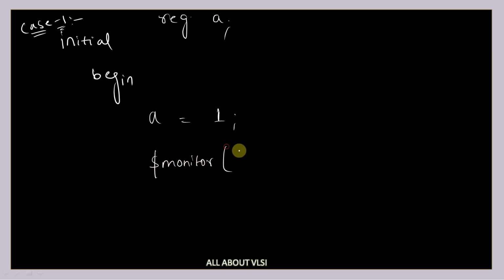Okay, now let us see one example and please let me know the answer for this. Initial begin. Let's say this is my case 1. Again, we are going to consider the cases. Let's say I've declared some reg A. If my A is equal to 1 and I am using $monitor, the value of A is %d, A. Now what will be the value of A that will be printed?